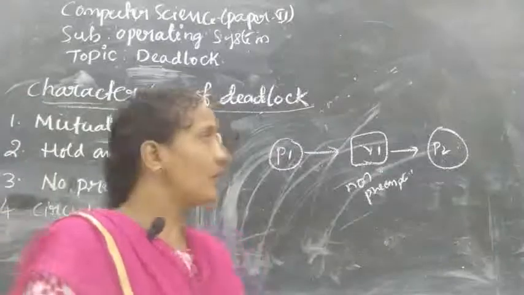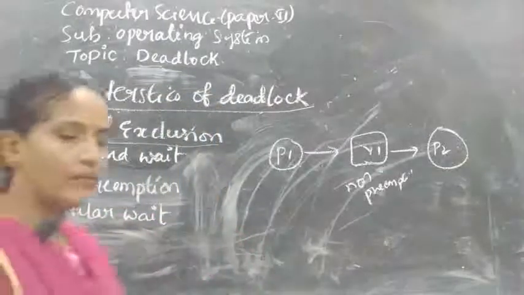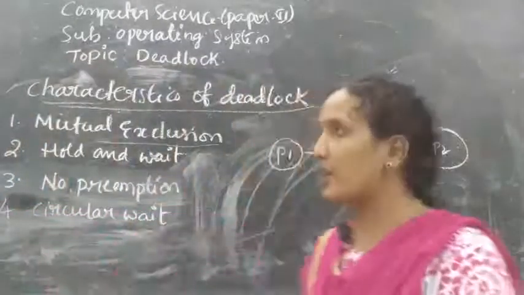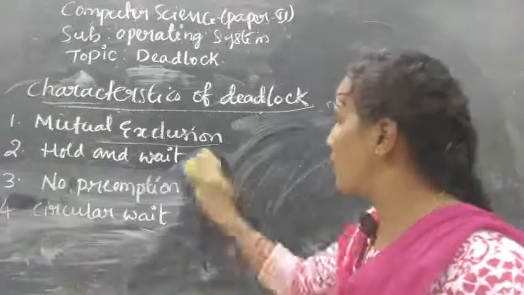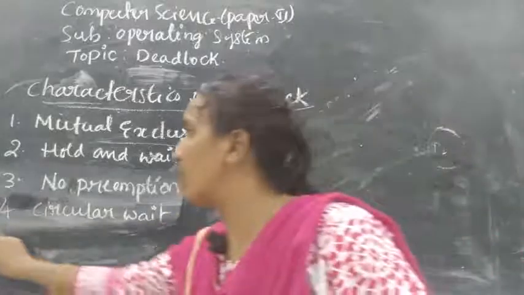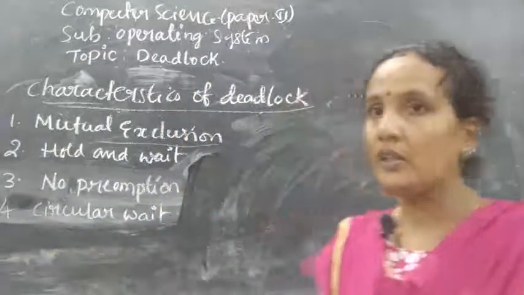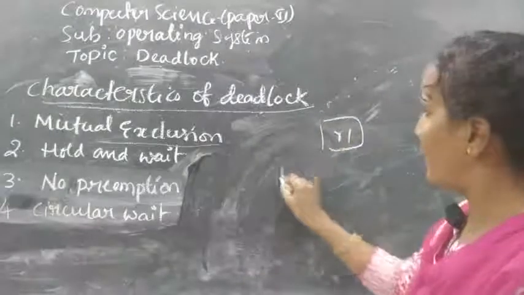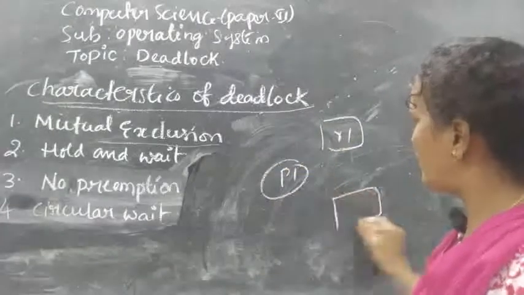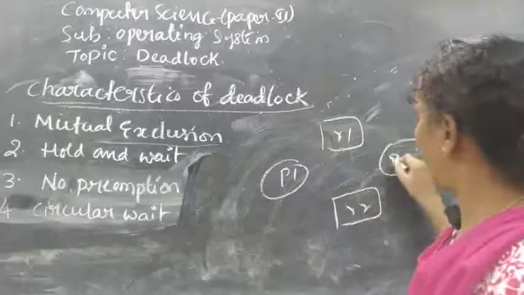Clear? Now come to the fourth one, circular wait. Circular wait I have just explained. Circular wait also leads to a deadlock. In the basic picture I gave, resource 1 is there, P1 is there, next resource 2 is there, P2 is there.